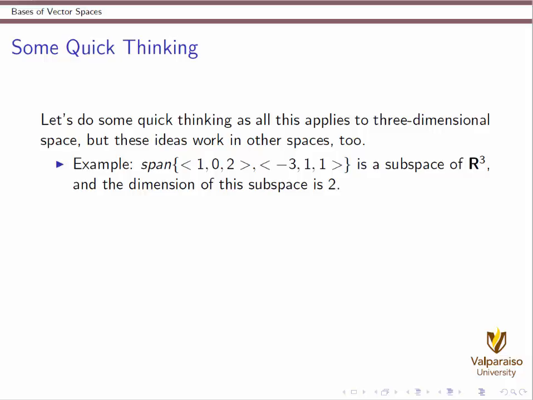So let's put these ideas together and do some quick thinking about the idea of basis sets. Take two vectors, (1, 0, 2) and (-3, 1, 1). They will have a spanning set, the collection of all of their linear combinations. That collection, that vector space, would be within R3 because these two are three-dimensional vectors.